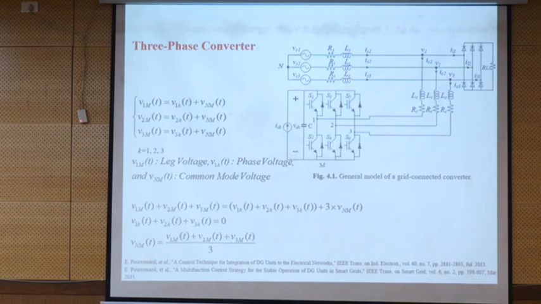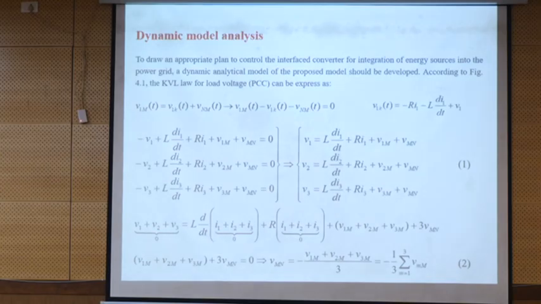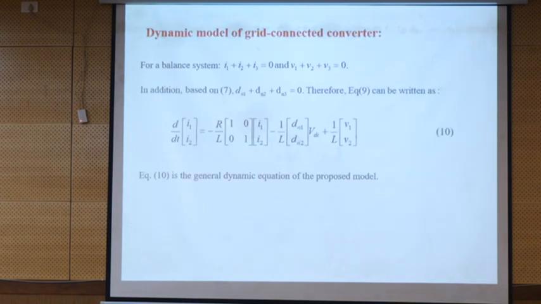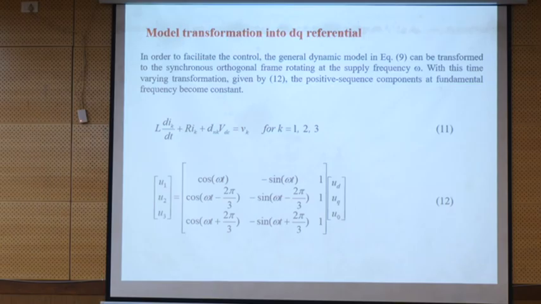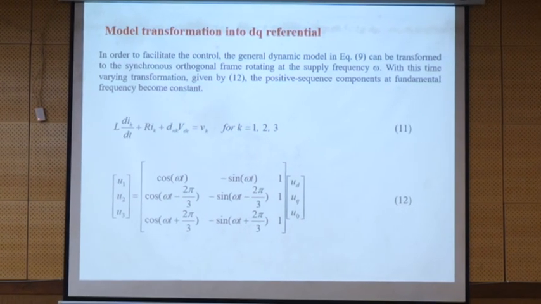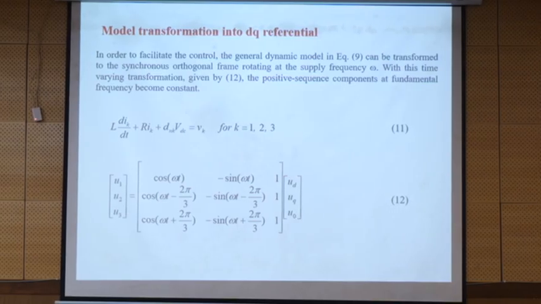So this is the problem, and it is very important that whatever omega t you consider for this Park transformation transfers your dynamic model to that reference frame. So it is very important you consider this seriously.